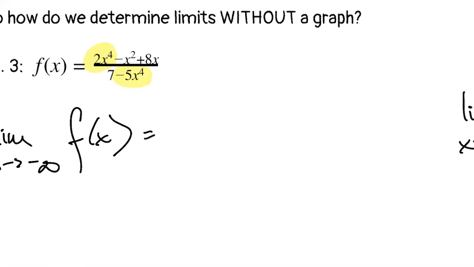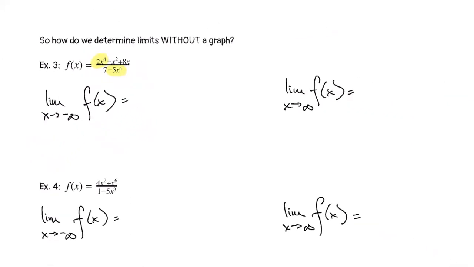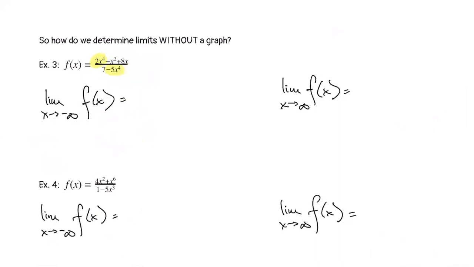So 2x to the 4th means the top has a degree of 4. Negative 5x to the 4th means the bottom also has a degree of 4. So if the degrees are equal, then to find these limits, we just take those coefficients and we divide them.